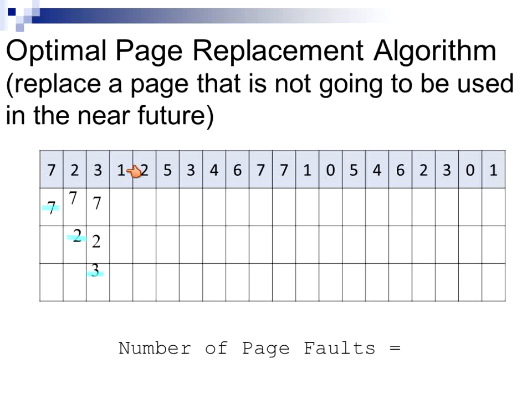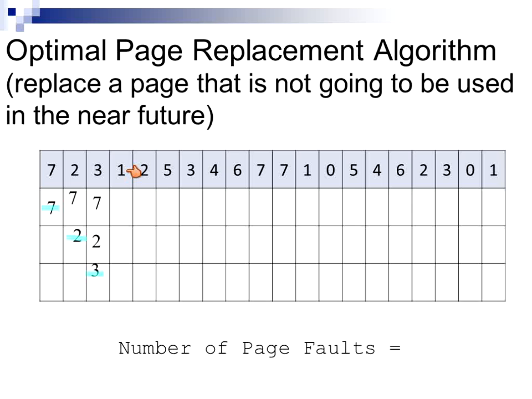I did send you a PDF with these tables so you could fill these out on your own. You should have gotten that PDF with the announcement of this session. I'm going to continue through the optimal page replacement and the LRU page replacement so that you'll have the lecture that goes along with it, because we're out of time for today. If you want to stay, that's great. If you need to leave, just feel free to leave.